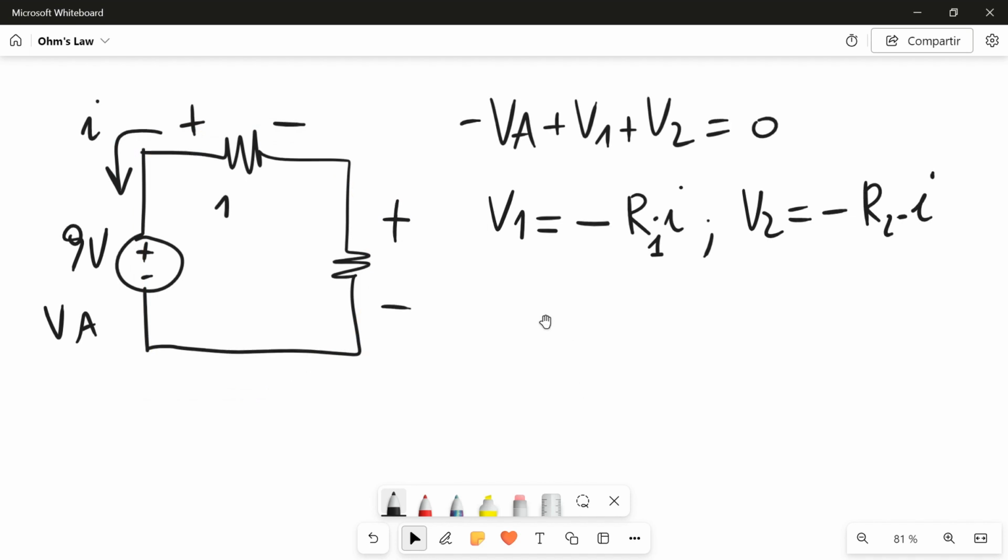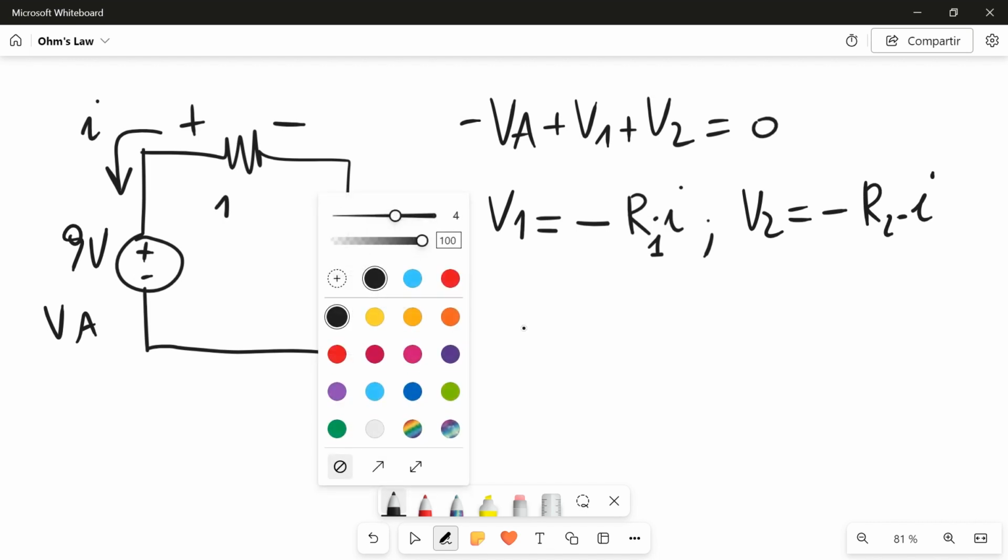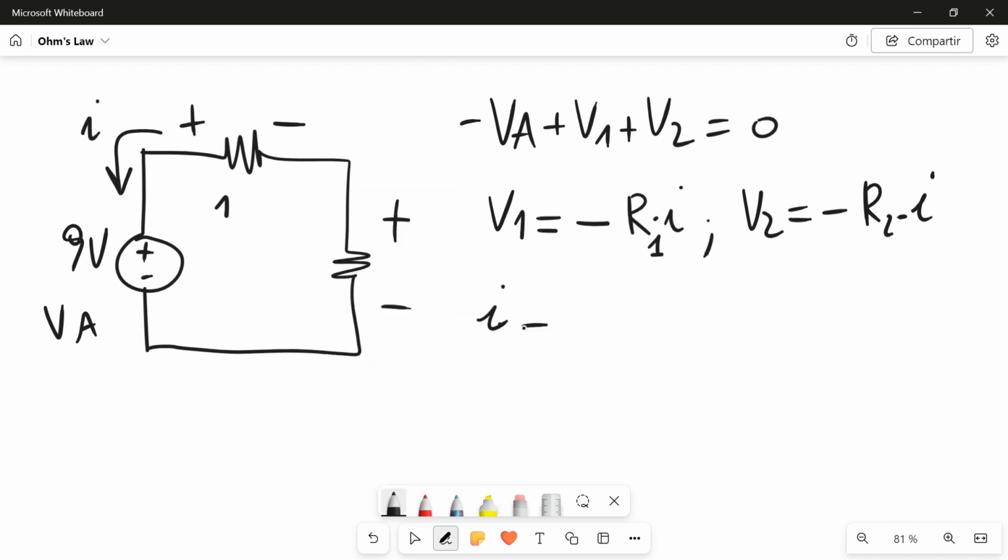So now I want to find I, and with these equations, I will have that I is equal to minus VA divided by R1 plus R2. This will give me that I is minus 4.5 milliamperes.